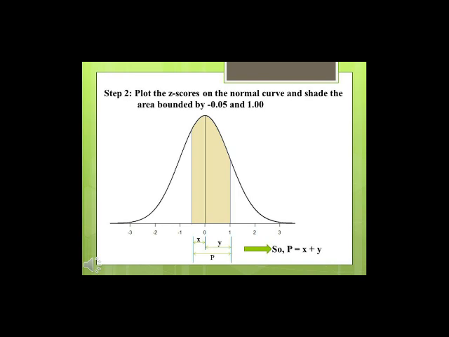As shown on the current slide, X is the area from 0 to minus 0.50, and Y is the area from 0 to 1.00. Meanwhile, P is the area between minus 0.50 and 1.00. Based on the illustration, the appropriate equation to solve for P is P equals X plus Y.